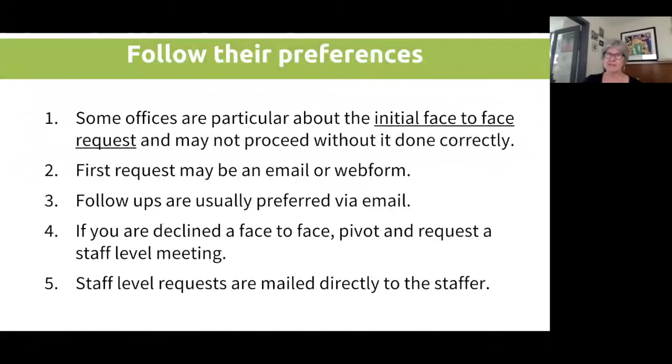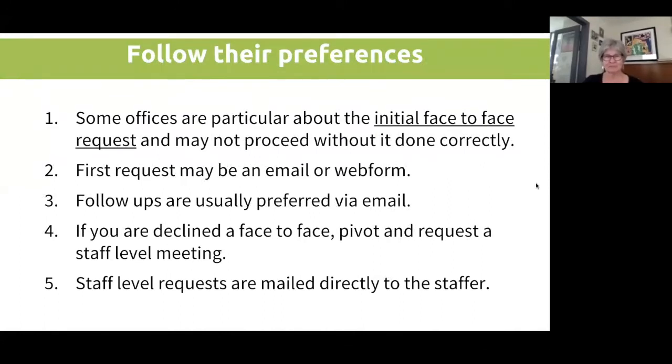One thing we've realized is, of course, we want to follow their preferences on how to make the request. Some offices are very, very particular, especially about face-to-face requests. So, for instance, if they suggest that you use their web form on their website, then you want to do that. Some offices will request an email directly to the scheduler, but whatever they suggest, do that as your first step.